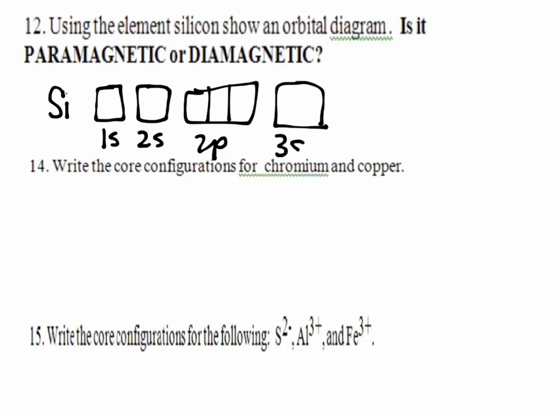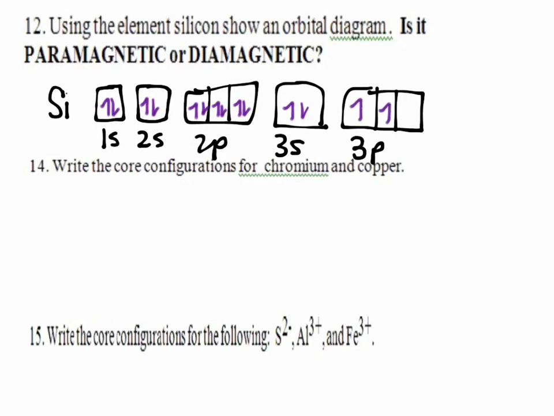No, you can do whatever you want. And we need 14 electrons. So 1, 2, 3, 4, 5, 6, 7, 8, 9, 10, 11, 12, 13, 14.